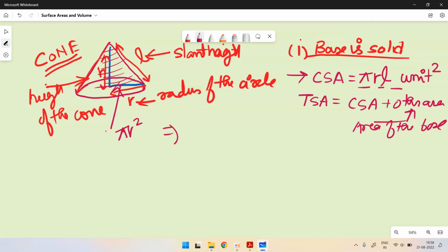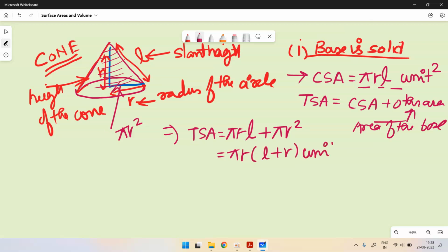So from here, total surface area will be pi r l plus pi r square. In books, it is written as pi r, taking pi r as common, l plus r unit square. TSA. Total surface area will be pi r (l plus r) unit square.